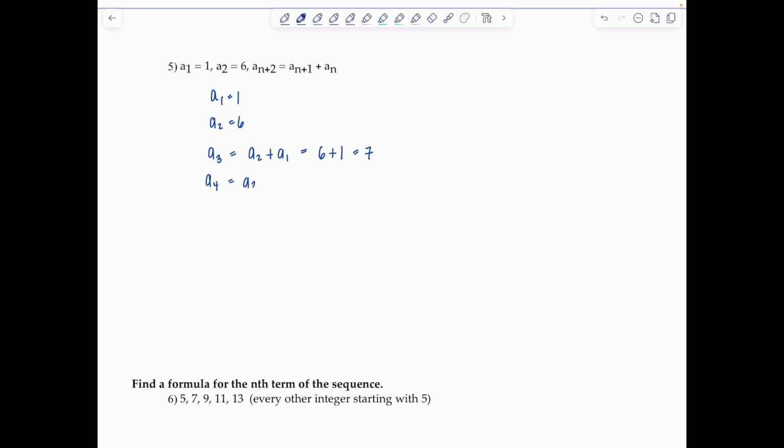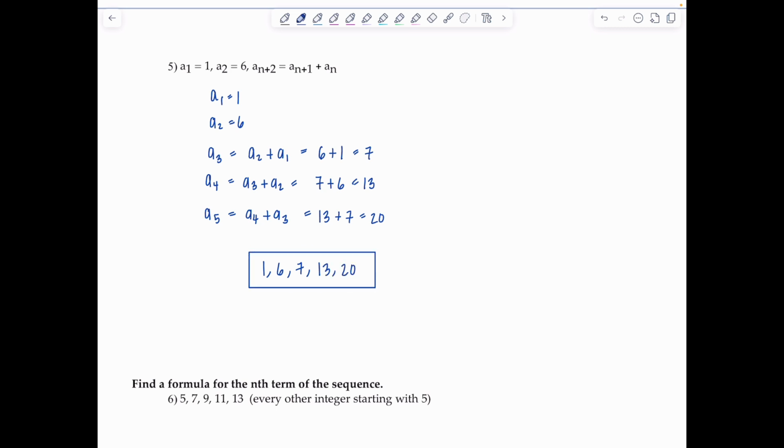It would be a sub 3 plus a sub 2. So 7 plus 6, that's 13. A sub 5 would be a sub 4 plus a sub 3, so 13 plus 7. And then we're done. They only wanted the first 5. And they gave me 2, so that's nice. 1, 6, 7, 13, and 20. There we go. Okay, how are we doing?